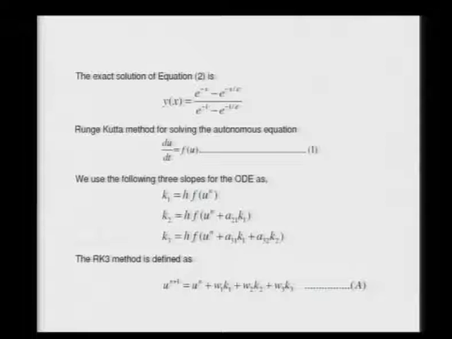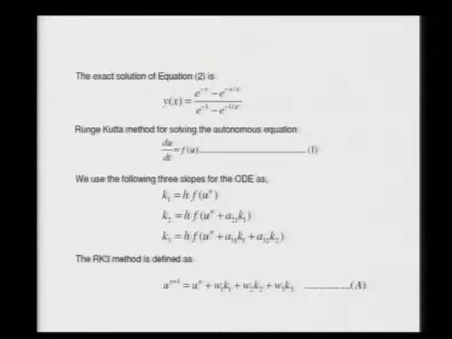The Runge-Kutta method that you are trying to use here, given by equation 1, involves calculating three slopes. The slope at the beginning point u n is given by k 1, the first relation. Then you would get a second slope, which is evaluated at u n plus a fraction of k 1, and finally, the third slope k 3 is obtained somewhere which is different from u n by the two quantities given in terms of a 31 k 1 and a 32 k 2.